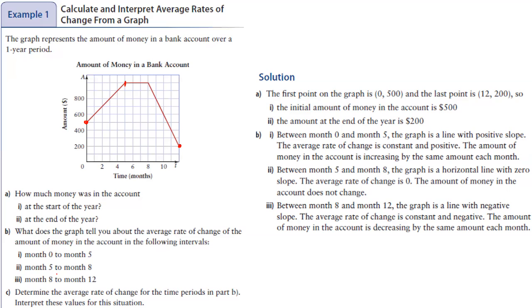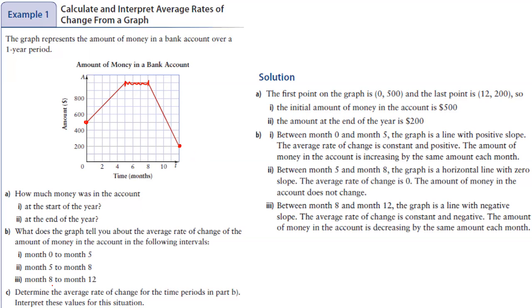Next, from month 5 to month 8, which is this section, right? So between month 5 and month 8, the graph is a horizontal line with 0 slope. The average rate of change is 0, and the amount of money in this account does not change.